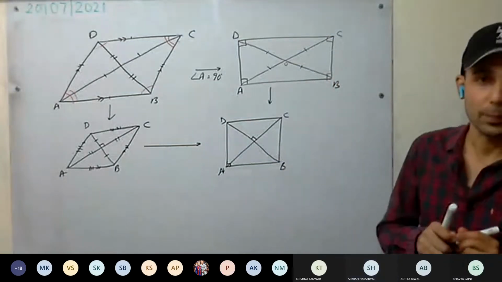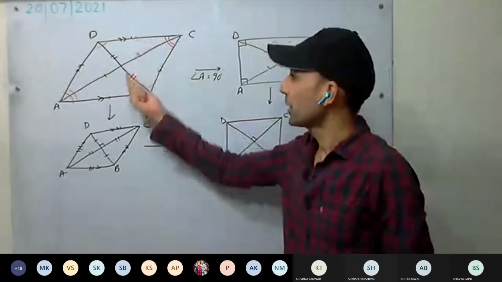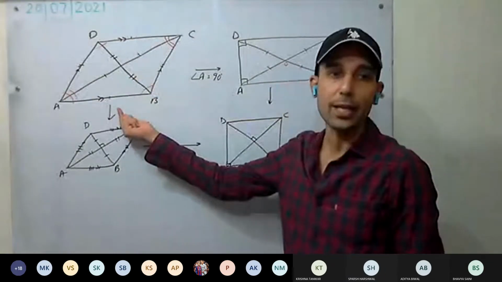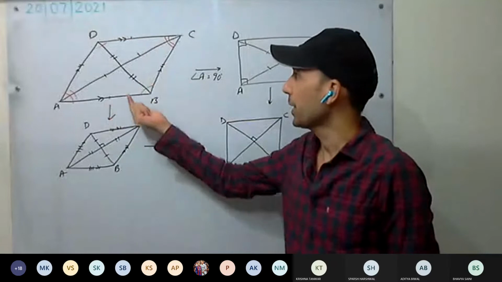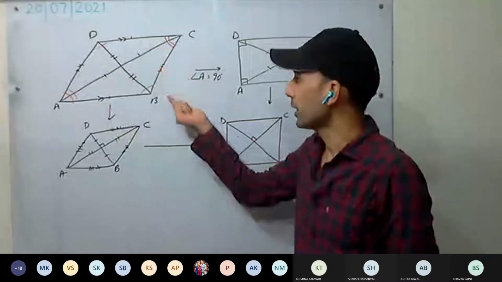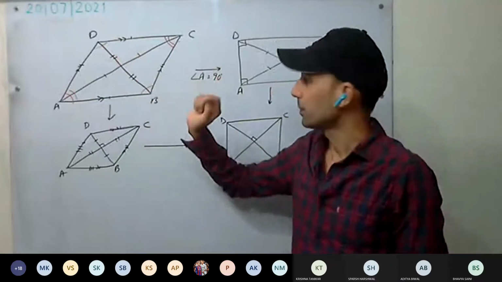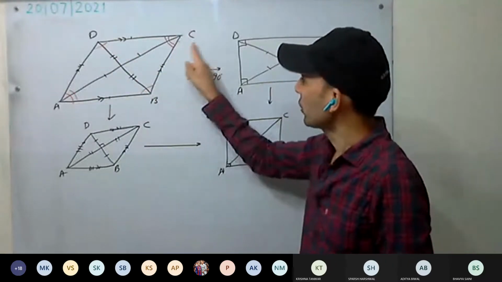Now let's discuss the properties of them. In parallelogram, opposite sides are equal and parallel. It means AB equals DC and AB is parallel to DC. Similarly, BC and AD are equal and parallel. We have seen the alternate angles.